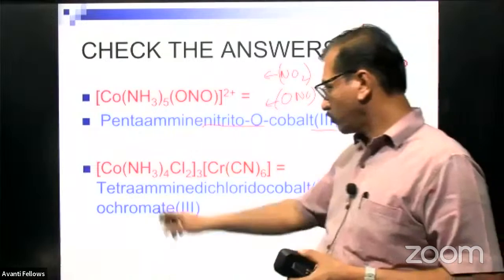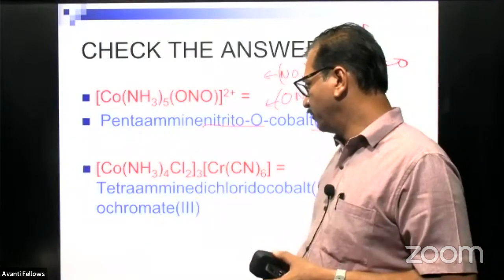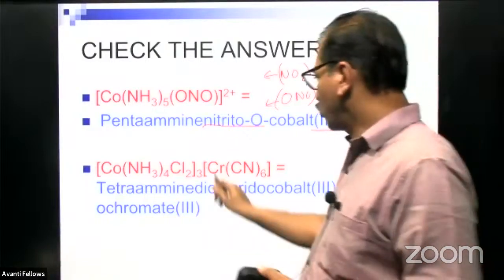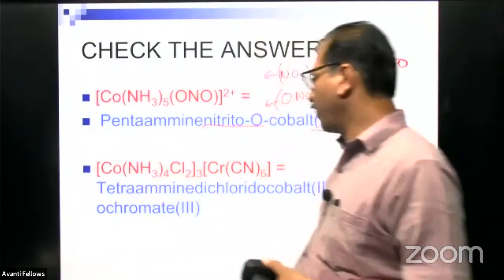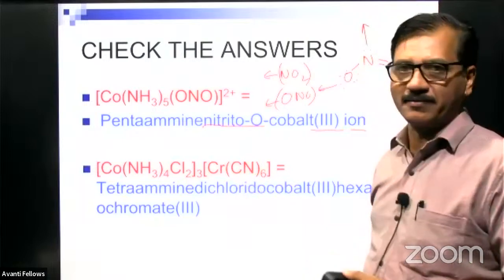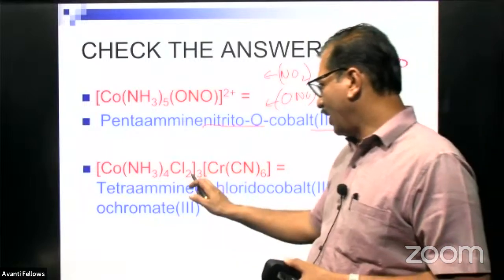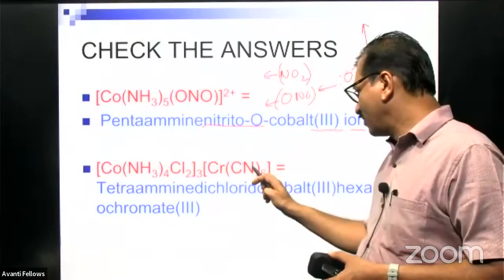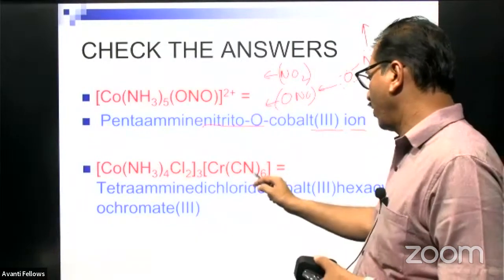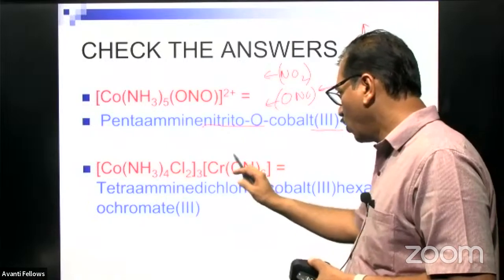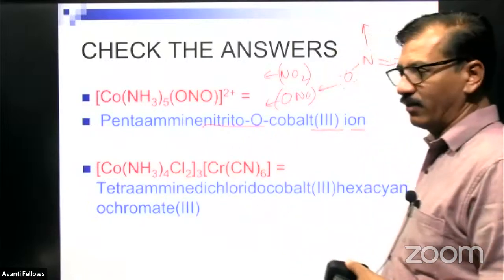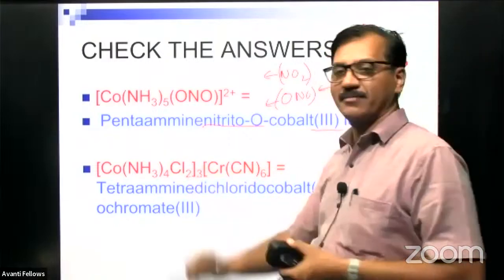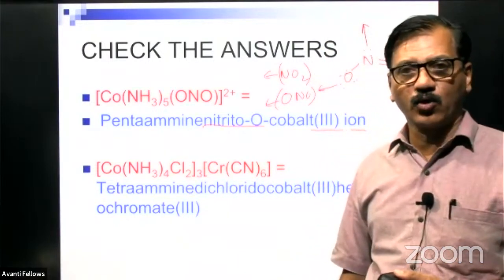Now, tetraamine dichlorido. So the cation is a complex entity and the anion is also a complex entity. Dichlorido cobalt, hexacyano chromium 3, chromate 3. This is the way that we have to name.